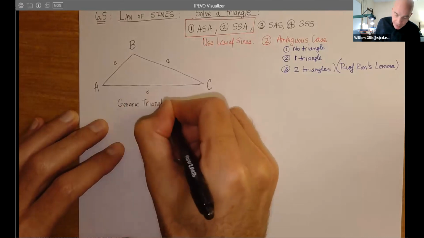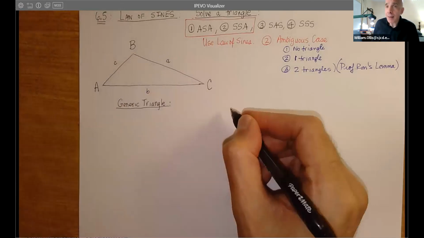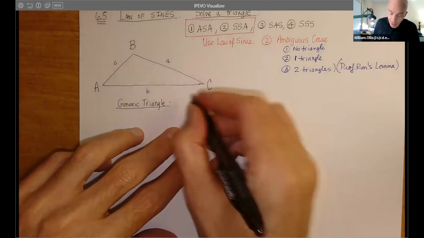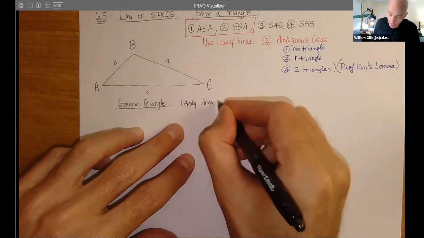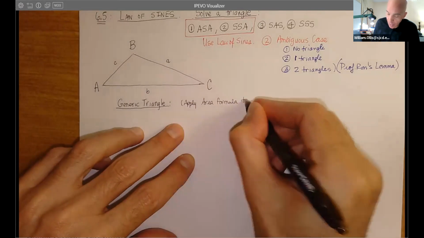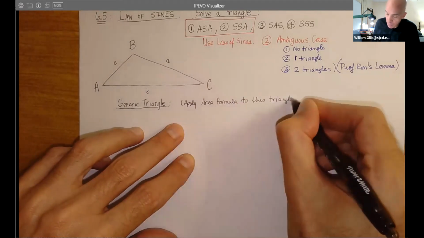The law of sines says the following. That is, you can apply the area formula to this triangle 3 times.